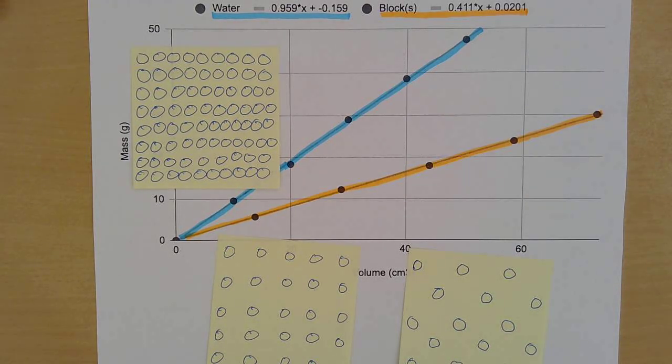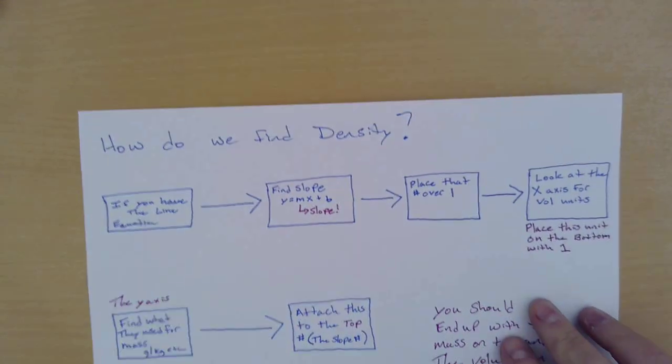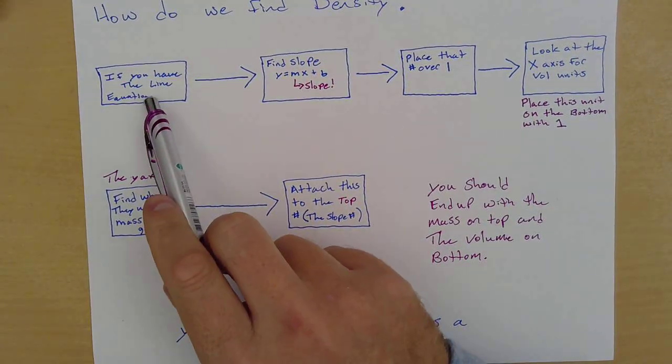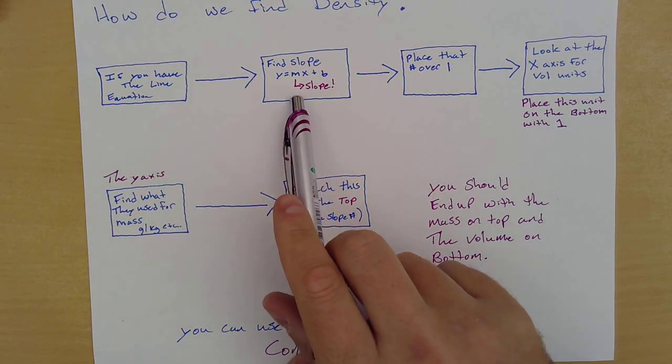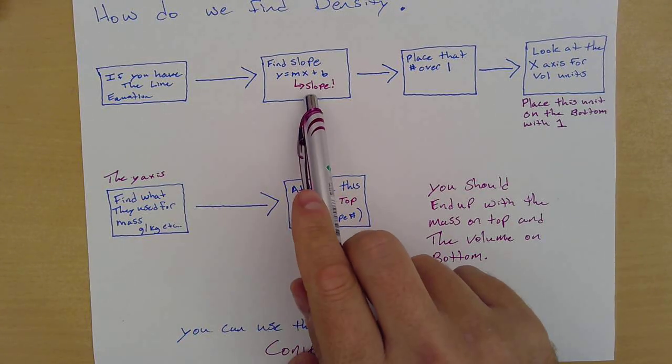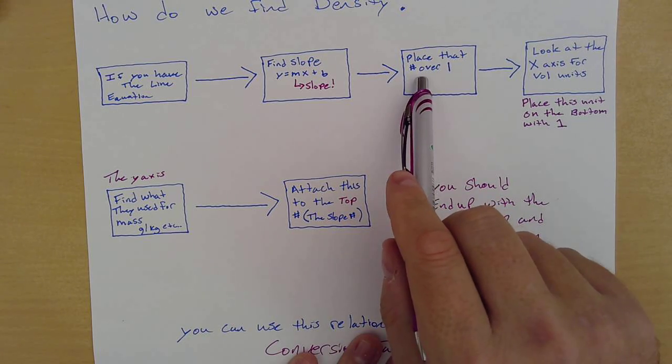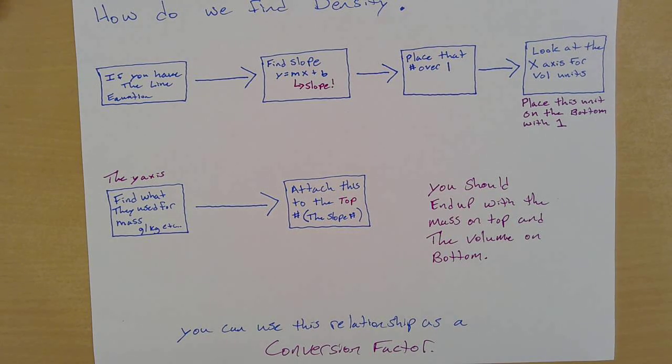So let's start thinking about how we can find slope. How do we know what slope is? Let's take a peek. There are 2 different ways. Our first way is this. If we have the line equation, all we have to do is look at the equation and identify the slope. We're going to place that number over 1, and then we just have to find the labels.